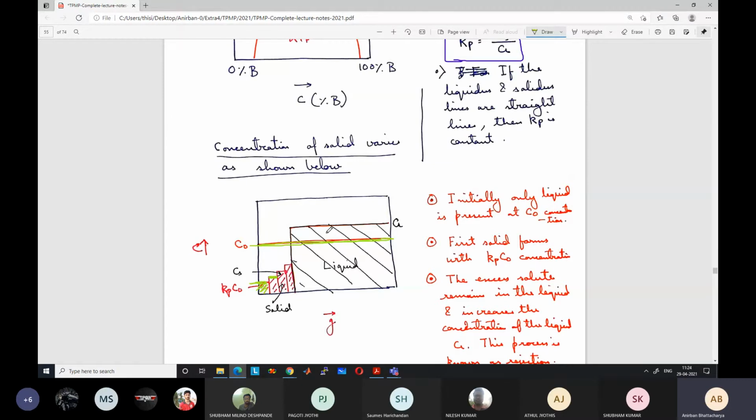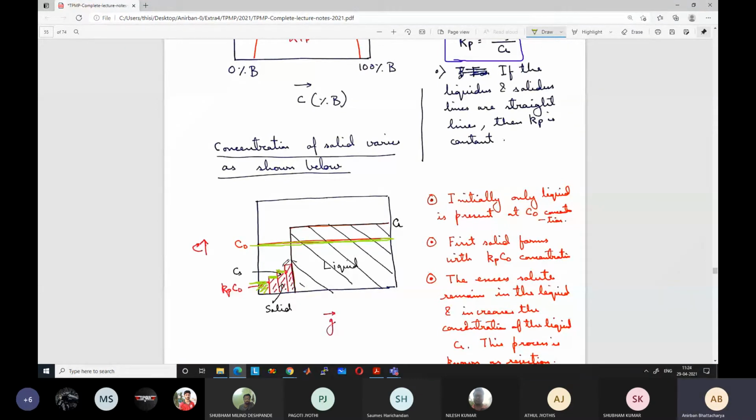This process is known as rejection, or partitioning. At the interface, partitioning of solute from the solid to the liquid is happening, and the solute is getting rejected to the liquid. So the concentration in the liquid will increase further, resulting in a slightly higher concentration in the solid. This will keep on going.